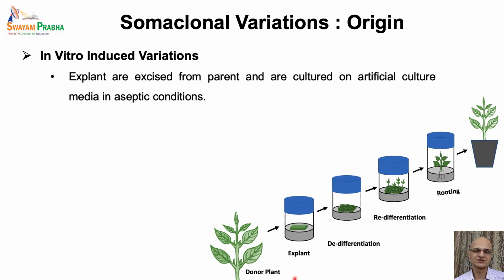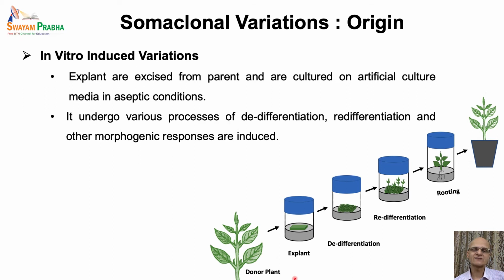The explant tissues undergo various processes of regeneration like dedifferentiation and redifferentiation to generate different organs and other morphogenetic responses. Basically, the differentiated cells in the explants are induced to dedifferentiate to make callus cells. Callus is a mass of undifferentiated cells.